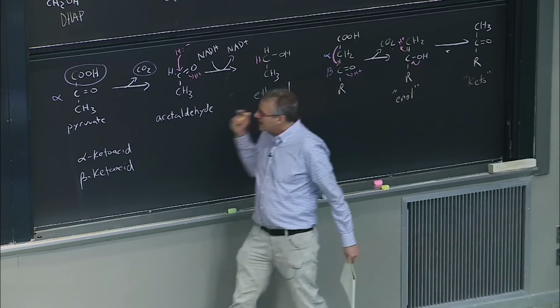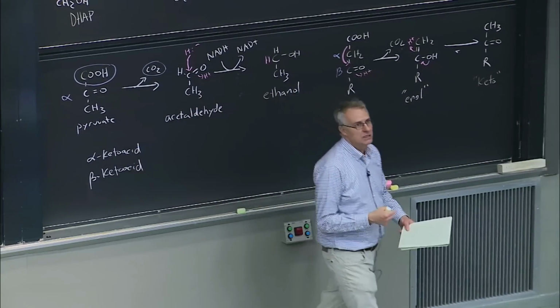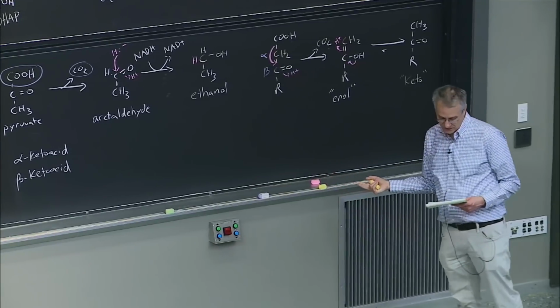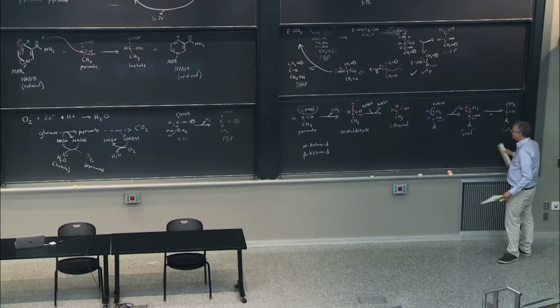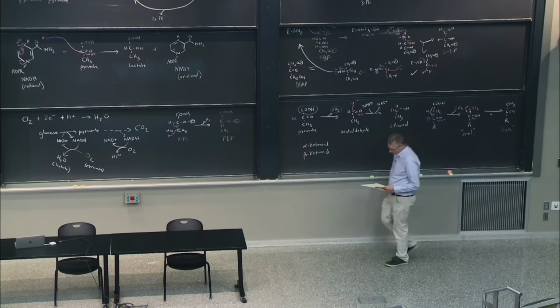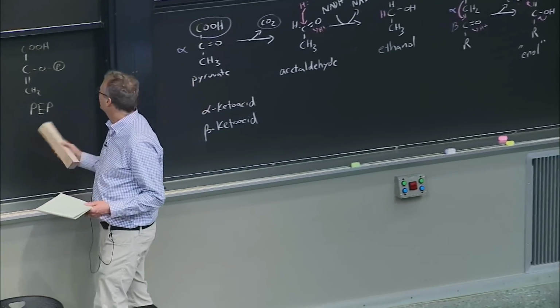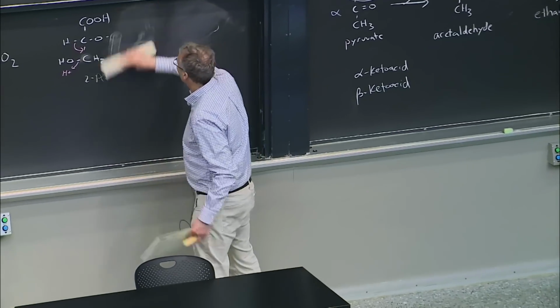Now, we can't use that exact same chemistry to decarboxylate an alpha keto acid. However, we can help that process, effectively mimicking the same thing that happens with a beta keto acid, by instead introducing a cofactor.